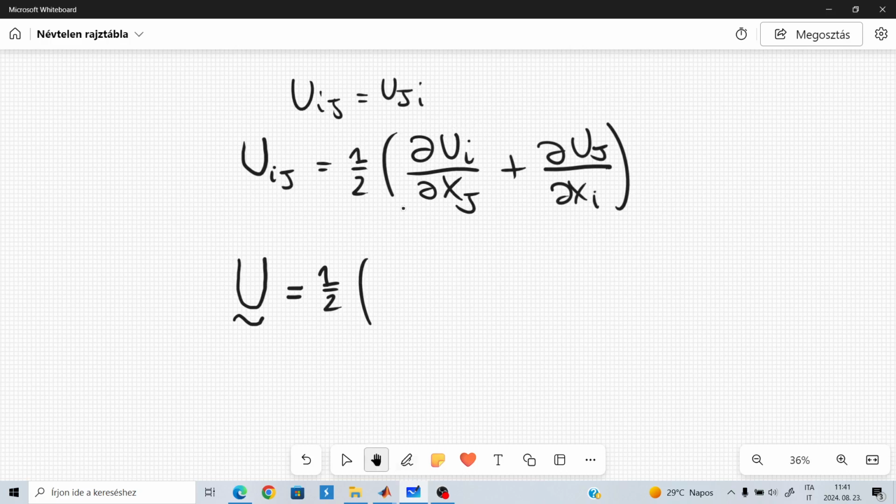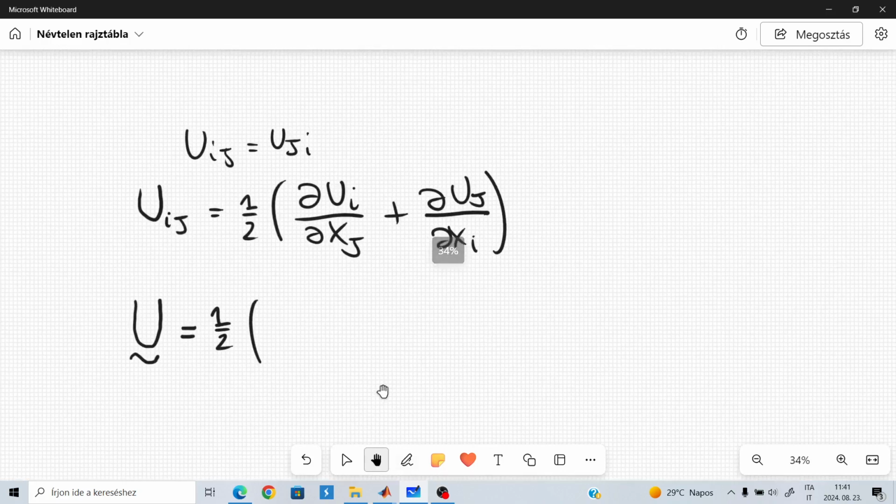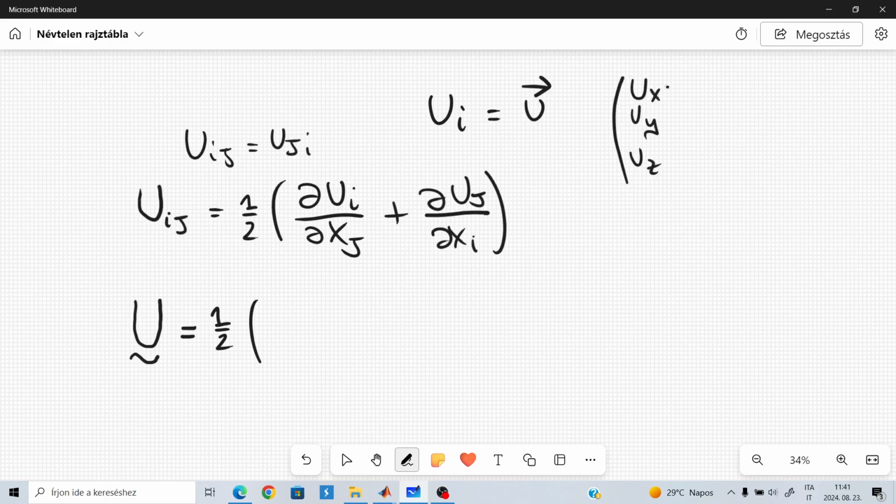In particular, u_i, the displacement vector, will be u with an arrow to denote the fact that it is a vector. When you see a vector like this, it is a column vector: u_x, u_y, u_z.